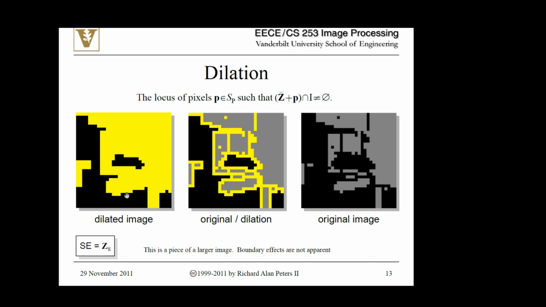So for all those pixels, when you place the kernel in that location, you compute the intersection. There is some intersection. So for instance, if you're in the middle of this thing, what happens at this point? When I put the kernel in this, there is a hole there, but the intersection with set A is different from zero. It's different from the empty set. So that point will be filled.